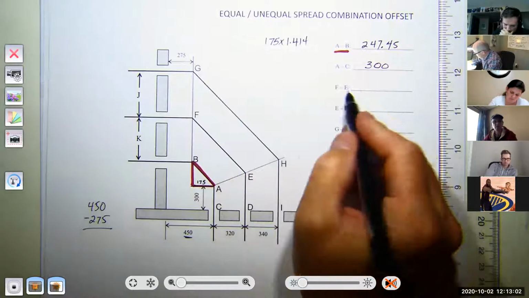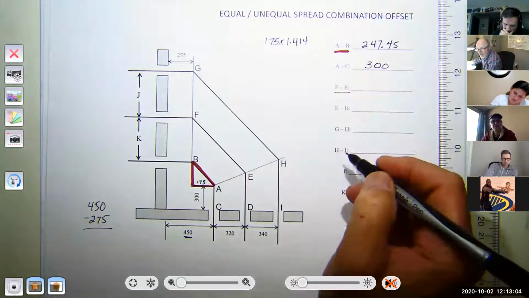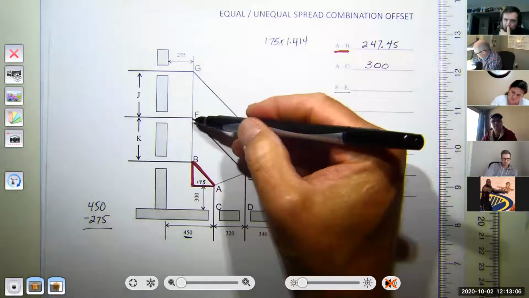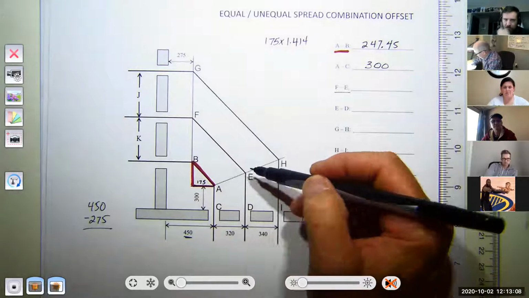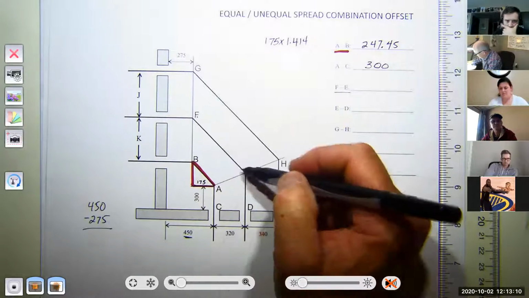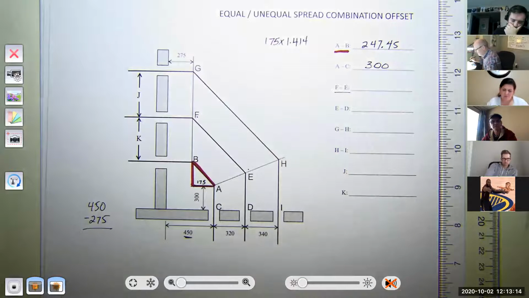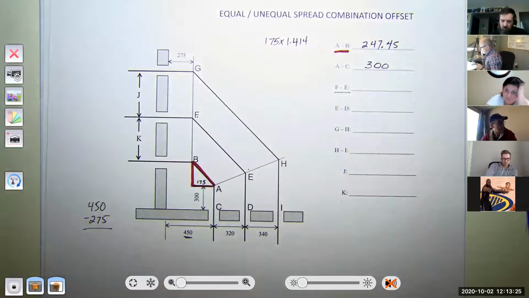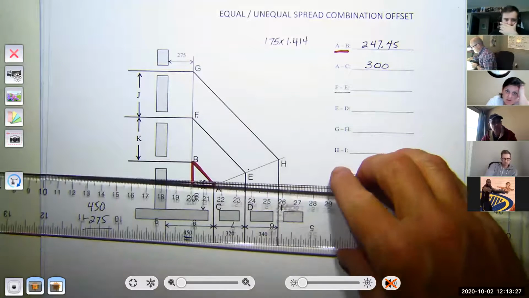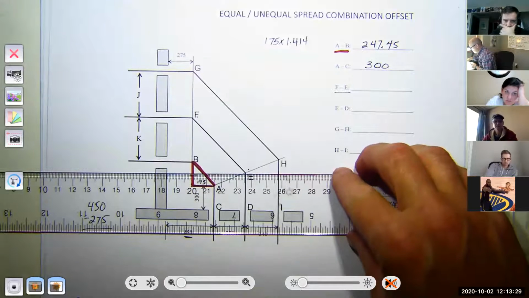Then the next one on the list is F to E. So they want this travel, F to E. This is how we solve for that. And I'm going to use a different color. It's going to start to look a little messy, by the way. So F to E is a travel, correct?